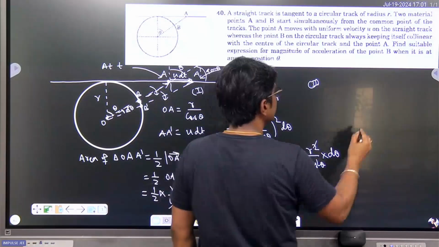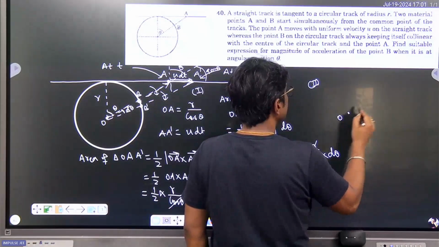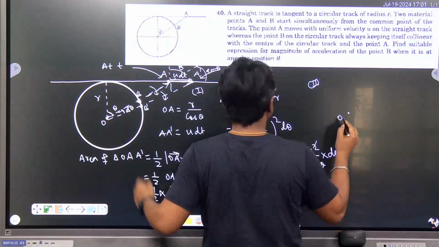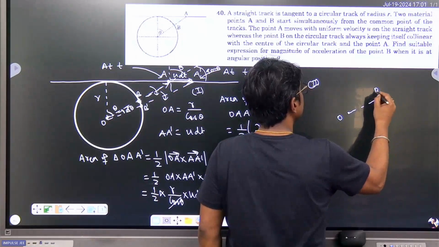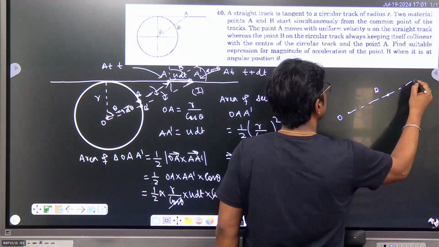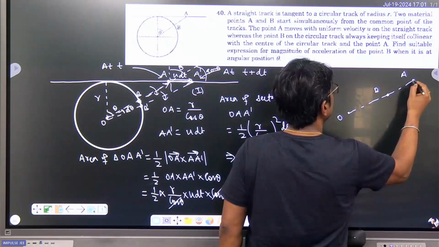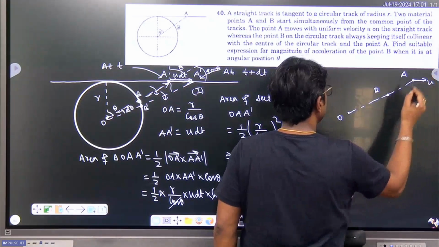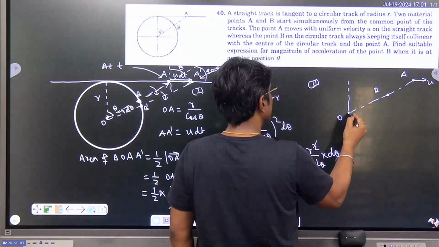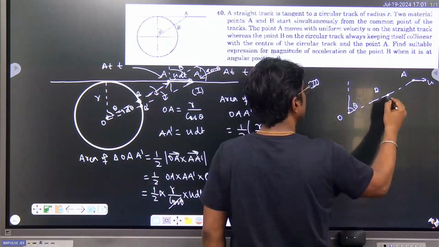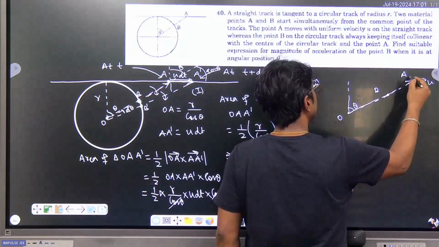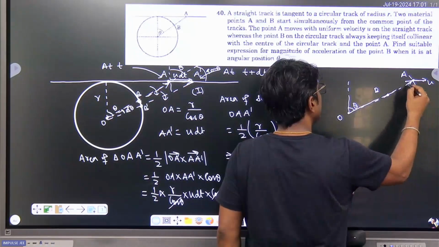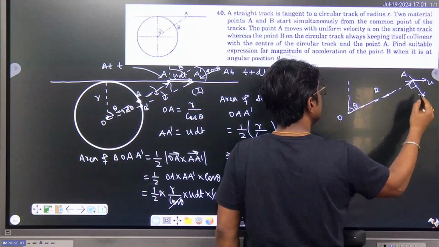The second approach is, say this is your O point, say its center, and say this is point B, and say this is your A, and A is going with you, right? This angle is theta. So you can treat this OA as one position vector, and you know well perpendicular to this we write Vt.